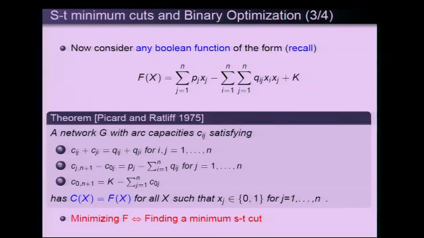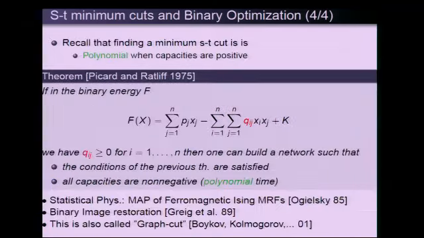So I can build a graph associated to this binary polynomial, such that every time you give me an assignment, a cut, then the capacity of the cut is exactly an evaluation of this polynomial. So now if you want to minimize f, then it's finding the minimum cut. So you know how to minimize this energy by doing some operation on the graph. So this is the basic idea.